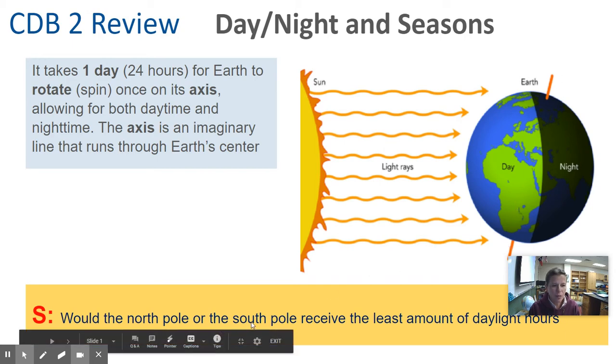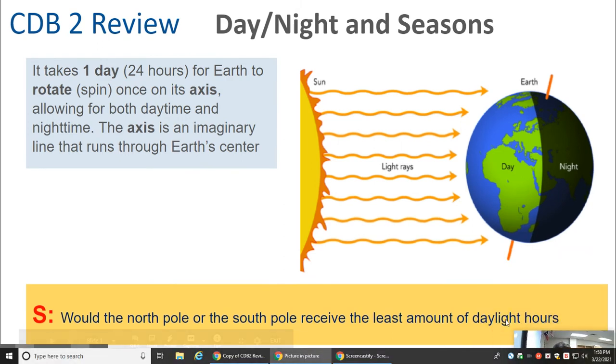Would the North Pole or the South Pole receive the least amount of daylight hours? So looking here, right now it's day, and we would say the North Pole would receive the least amount of daylight hours during this day because the North Pole, or the northern hemisphere, is tilted away from the sun, so the rays are less direct.